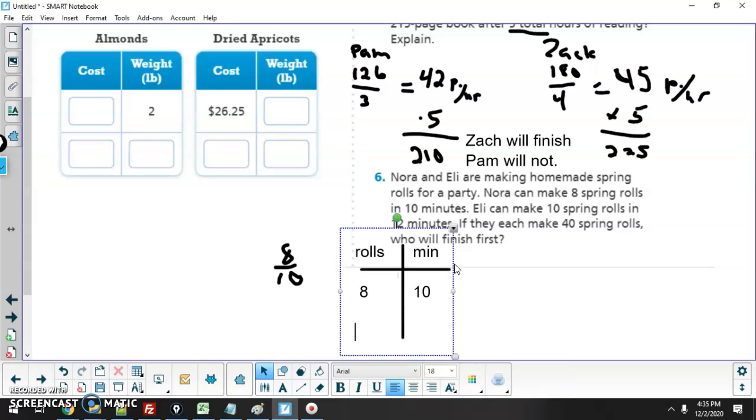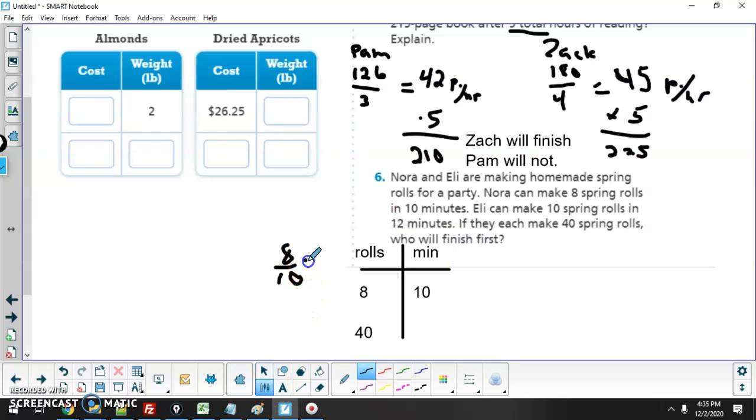What we want to do is scale this to be 40 rolls and figure out how many minutes that would be. If we think about how we could go from 8 to 40, you can think of it as fractions, 8/10, and we're going to 40. Remember, the rolls are on top here. You could do it the other way with minutes on the top.